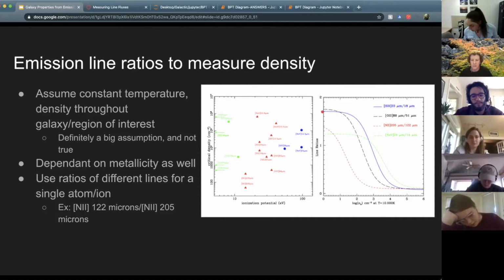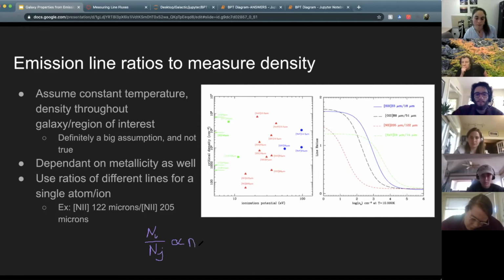So the reason why we want to use ratios of one element, one ion, is because back in that hand-wavy physics I did, we had that Ni over Nj, which was proportional to Ne.